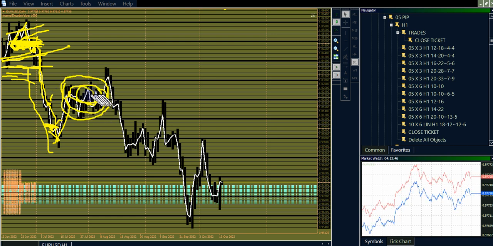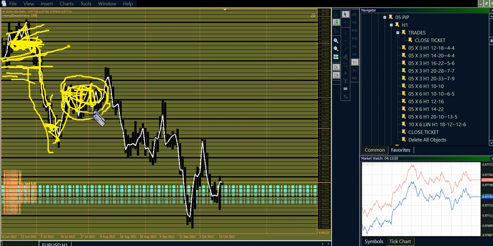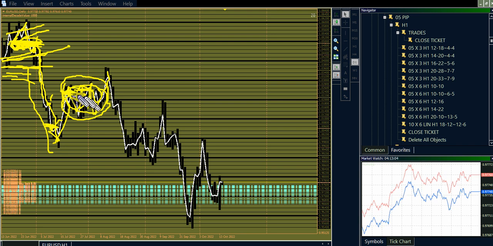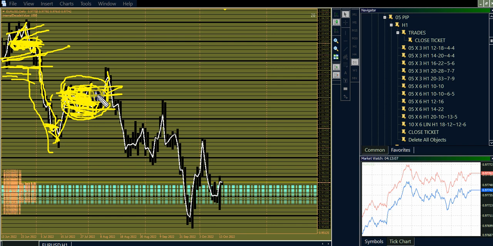I'm sorry, but, you know, I guess that's not true. I mean, if you're doing 100 pip swing trades, and this is going in almost 200 pips, then surely you can find something in this box. Must be something available there to trade.